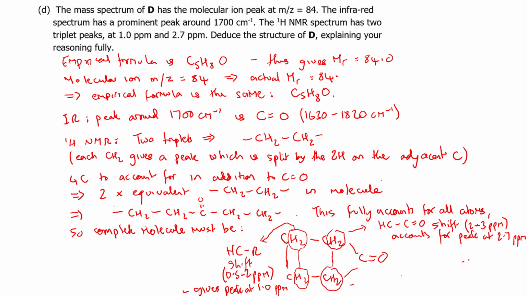Okay, the one thing that might puzzle you is, what about the splitting of those CH2s that give the 1.0 ppm peak? Because when you look at their neighbouring CH2s, it looks like at first sight you might think the splitting is going to be more complicated than this.